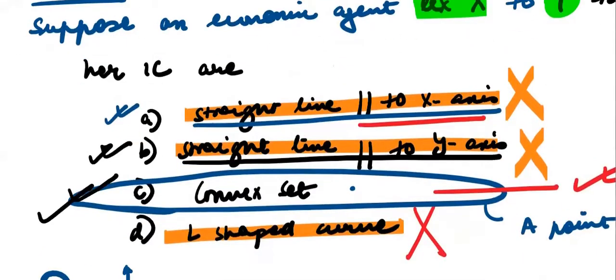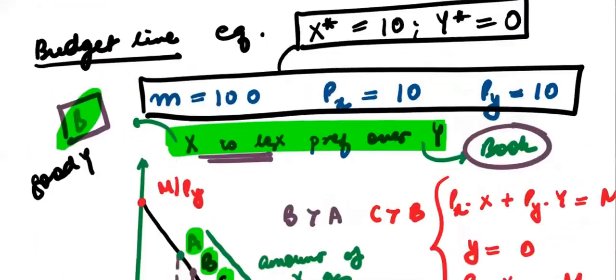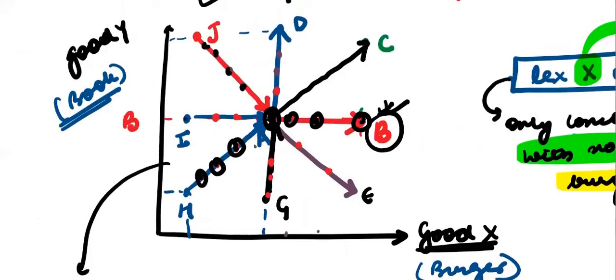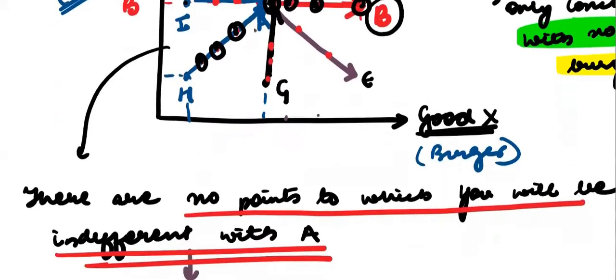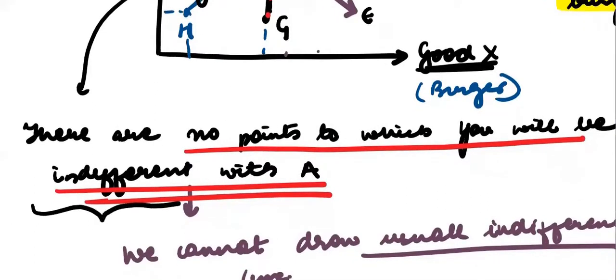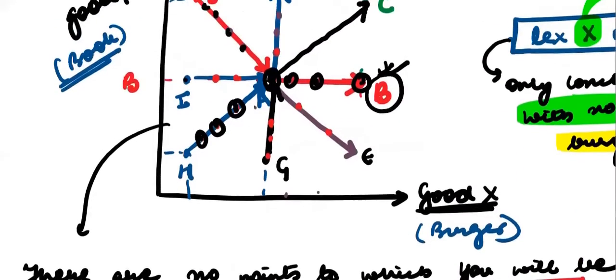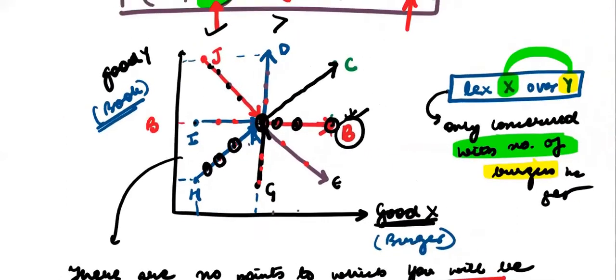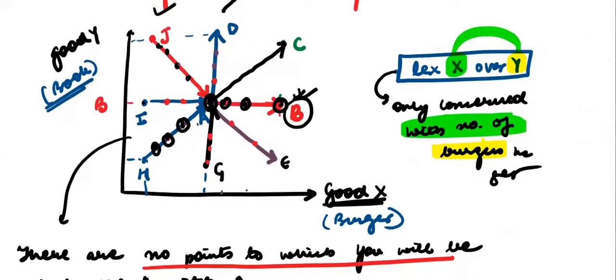Remember, lexicographic preferences are given by points. No 2 points in this XY plane will give you the same level of utility. You will never be indifferent between any 2 points. And we have proved this: all of these give you different levels of utility.